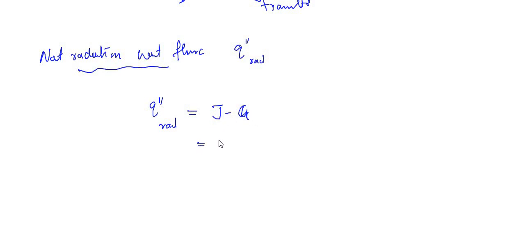So this is equal to, for an opaque object, E plus rho G minus G. That can be written as epsilon sigma Ts raised to 4 minus alpha G, because we are discussing an opaque object.